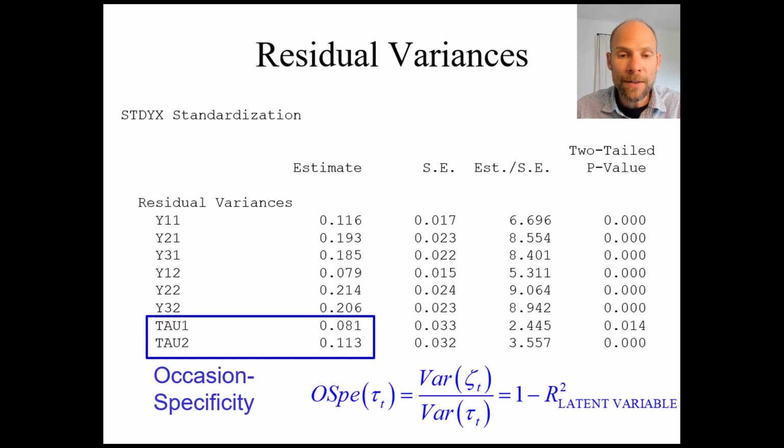Okay, so this gives you occasion specificity for the latent variables as shown here, again, based on this formula that I already showed you earlier. So you can always find the occasion specificities under the standardized residual variances in Mplus when you run an LST model as a hierarchical or second order factor model, and that's really practical because then you don't have to compute them yourself.